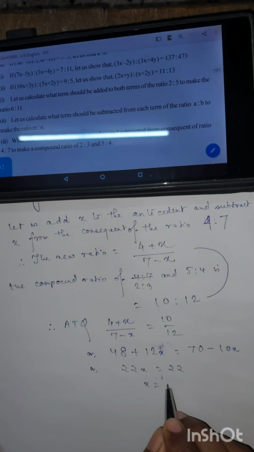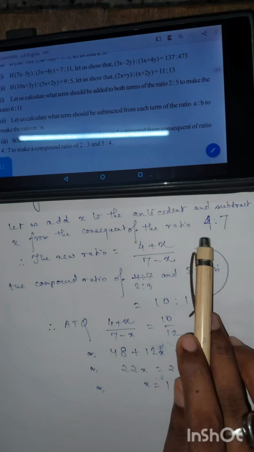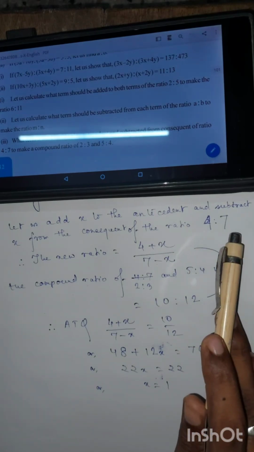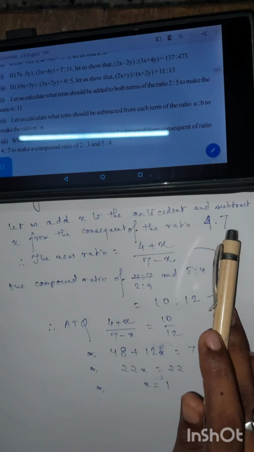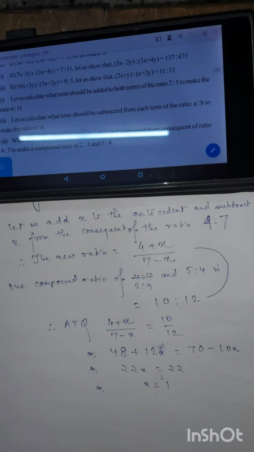So the value of x is equal to 1. So 1 should be added to 4 and 1 should be subtracted from 7. Okay, so this is our answer.